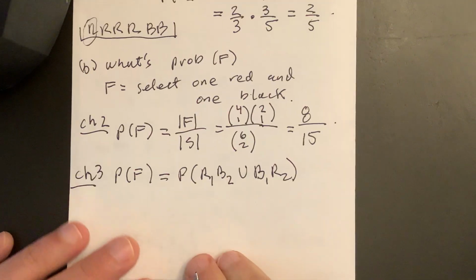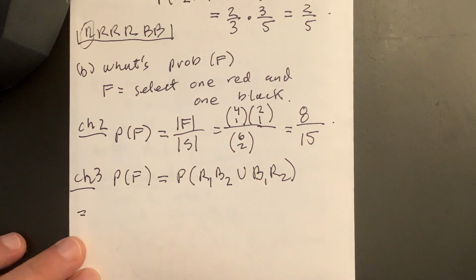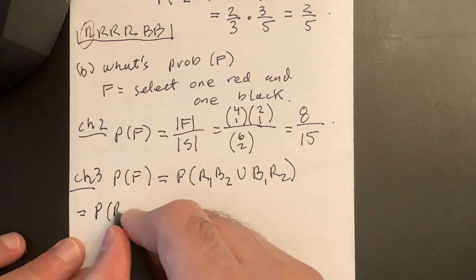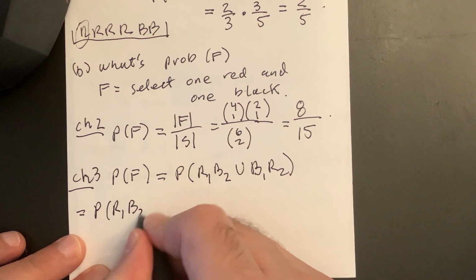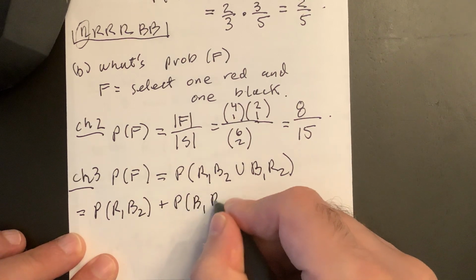Those are the two ways to do it. These are mutually exclusive, so I can sum these up. This is equal to probability R1 B2 plus probability B1 R2.